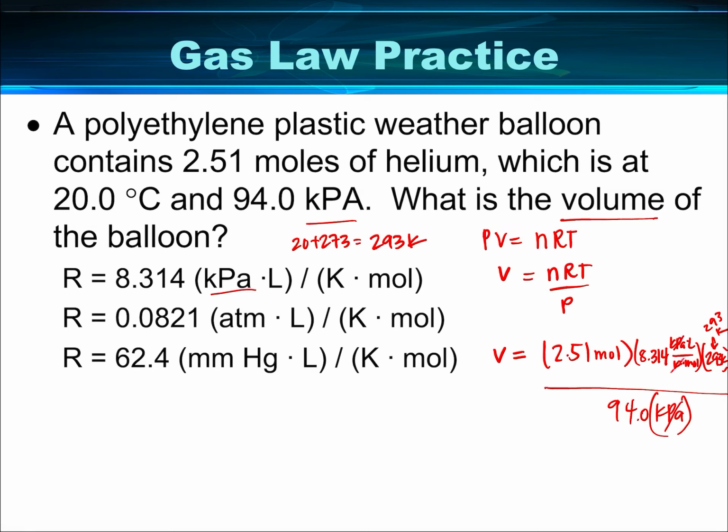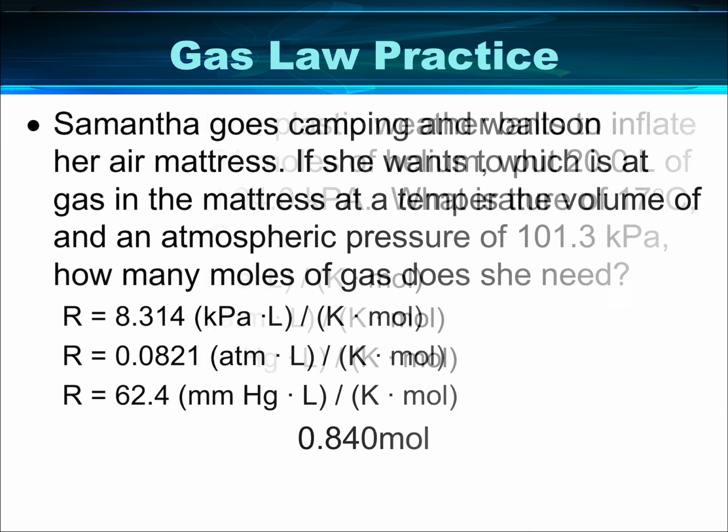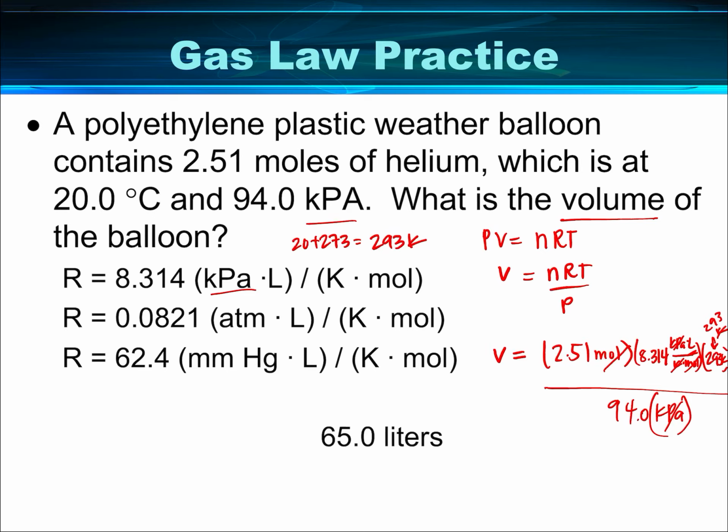You can see that my units are all canceling, and so what I'm left with is liters here. And so if I plug this all into my calculator, 2.51 times 8.314 times 293 divided by 94, I'm going to get 65 liters, okay?